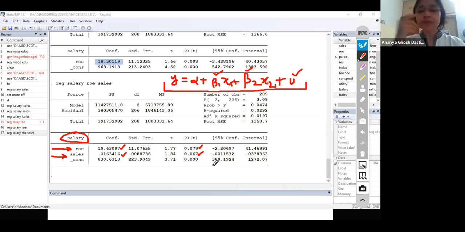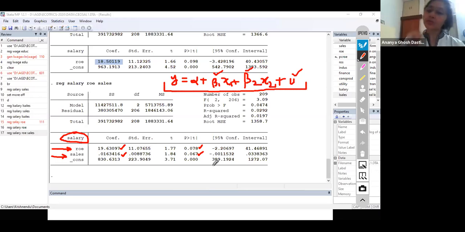Now, some of you may be wondering why she's saying that null is getting rejected, when the p-value is greater than 0.05. Okay, p-value is greater than 0.05, but it is less than 10%, no? So that's fine. In our classical linear regression analysis, we can reject nulls either at 1% or at 5% or at 10%.